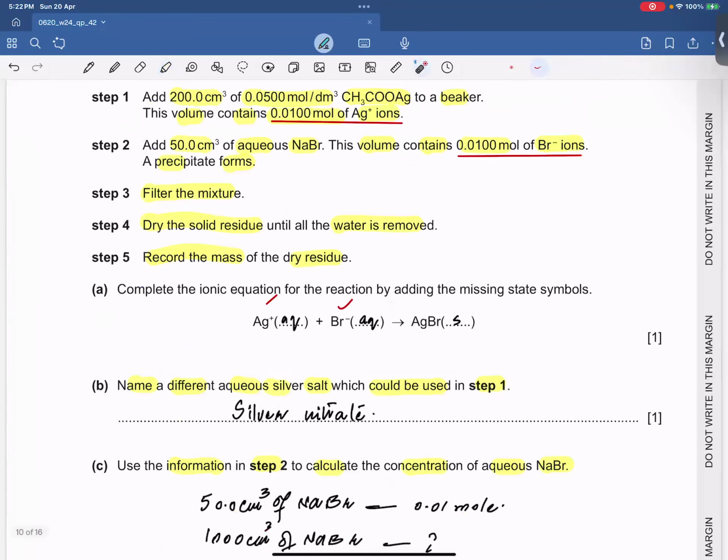Okay, guys, look. Silver ion and bromide ion and silver bromide have a 1:1 ratio. अगर ये 0.001 है और ये भी 0.001 है तो ये भी जाहिर सी बात है 0.001 मोल होगा. सही है.